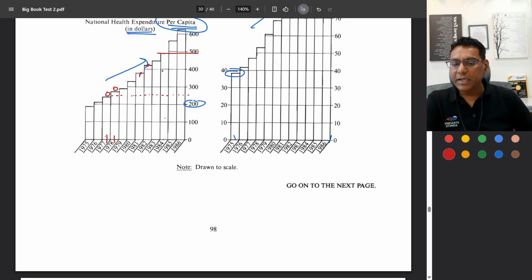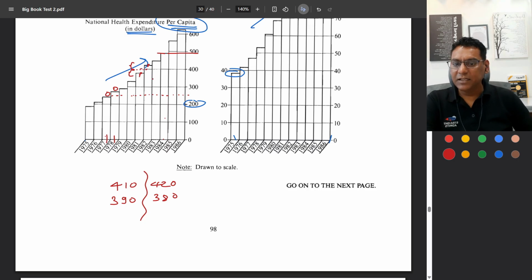Again we'll have to do approximation. One thing that I can still see is this gap looks the same, right? So it has to be either 390 and 410 or 380 and 420. They are about symmetrical with 400.